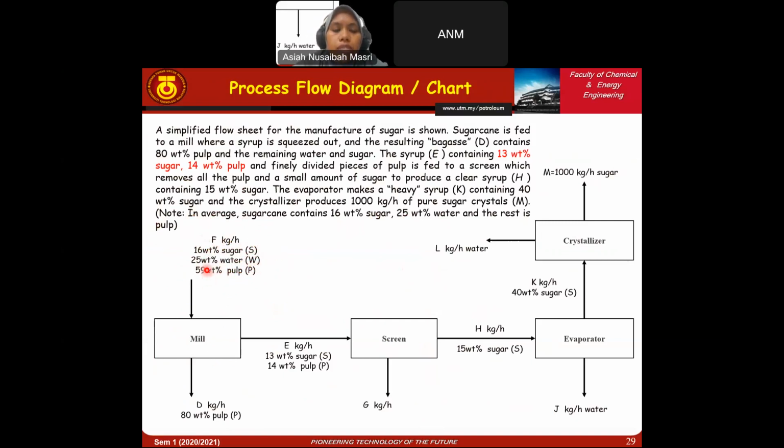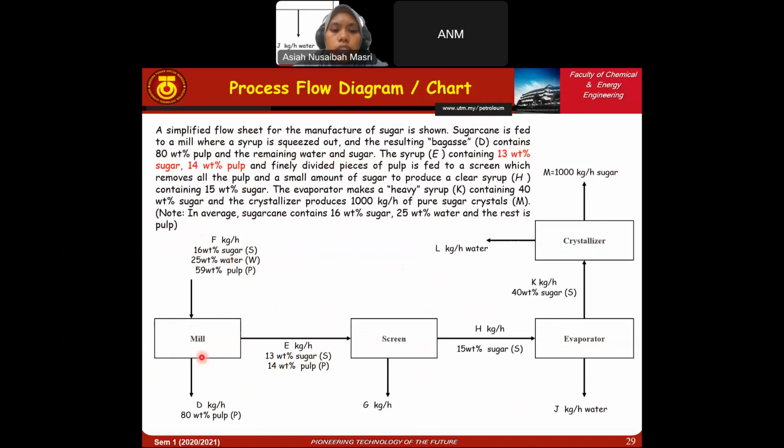So it has been fed to this mill where a syrup is squeezed out. So we are expecting there should be two outputs. The first is E, and the resulting bagasse contains 80% of pulp and the remaining water and sugar.